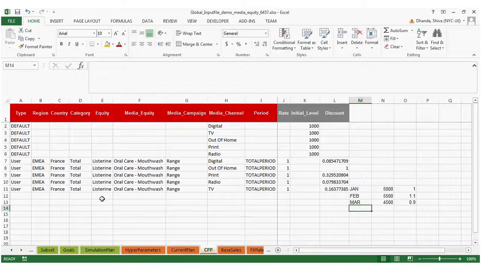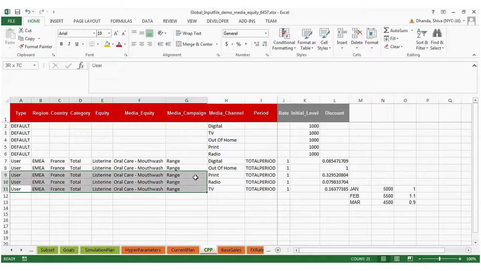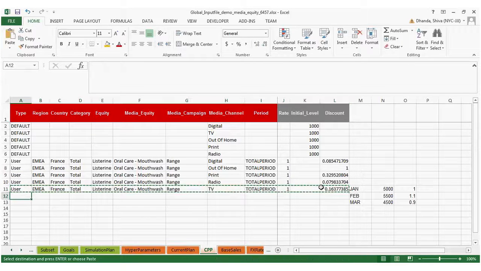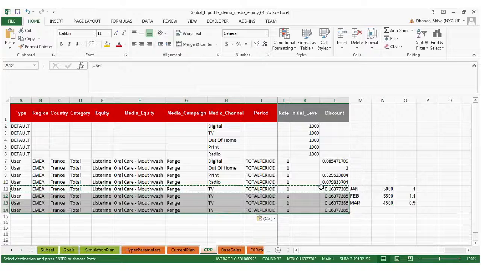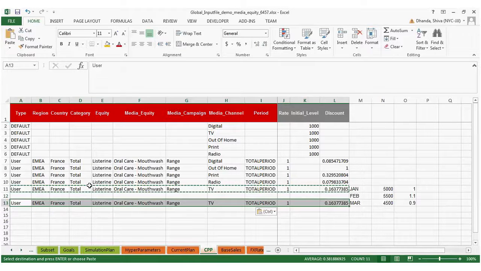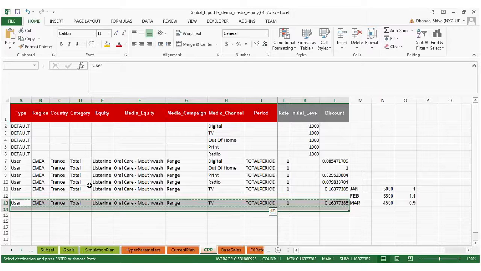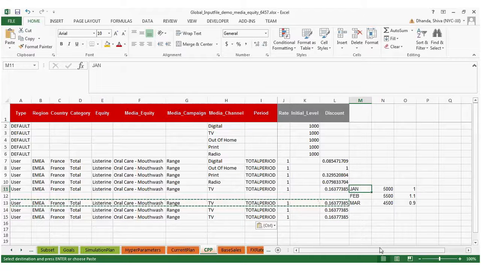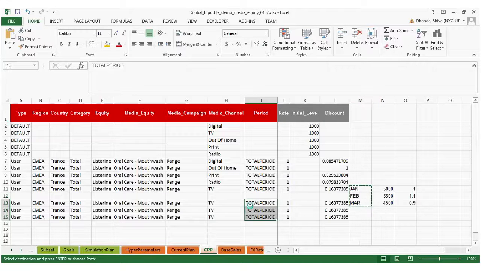And what I'm going to do now is copy this for 3 instances. Actually, let me just copy it 1 cell down so we can avoid confusion. And we are going to use Jan, Feb, and March here.